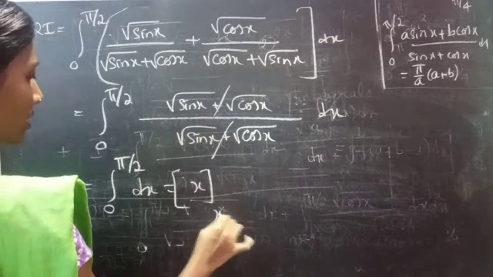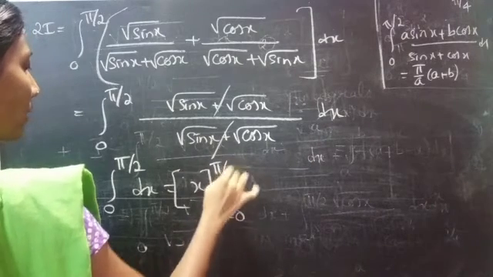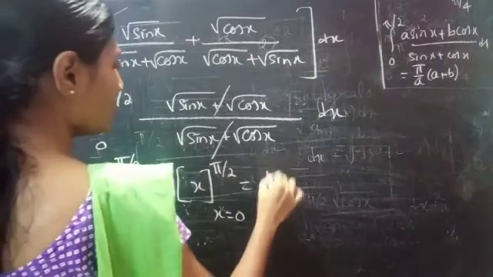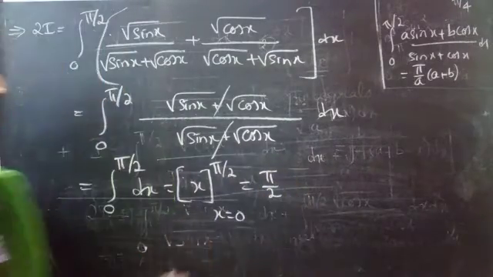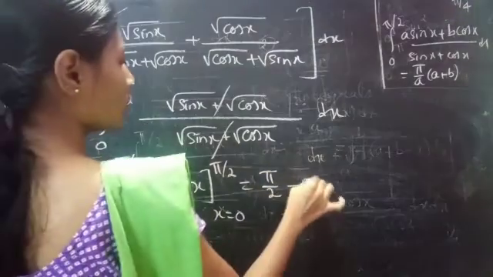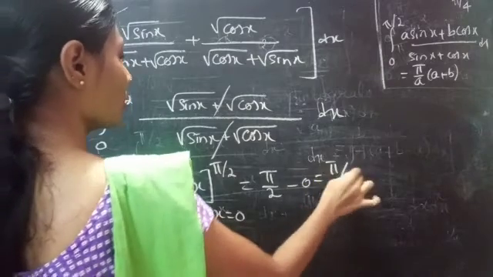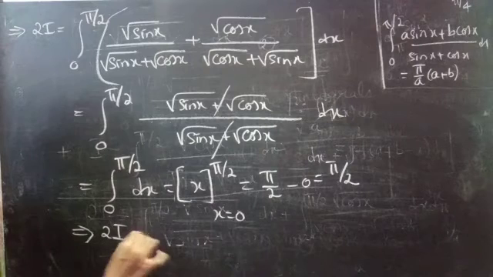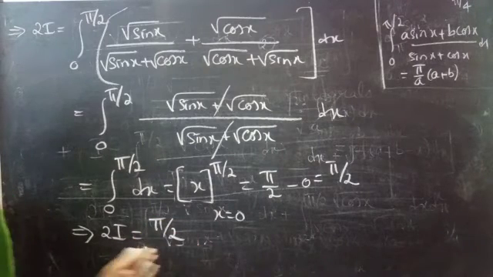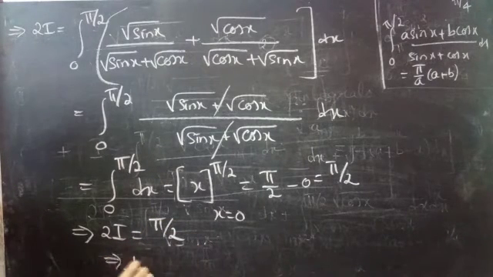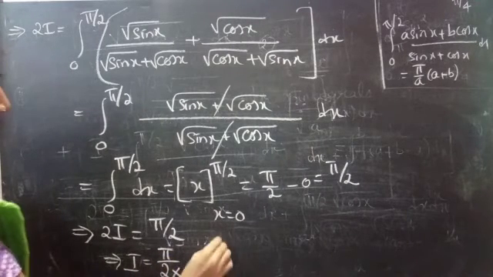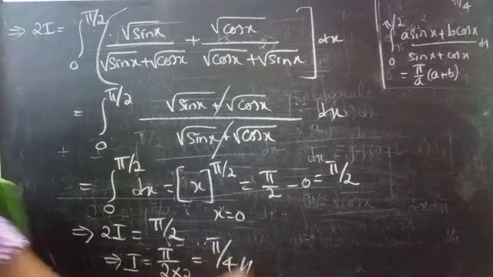Then the limits are x equals 0 to pi by 2. Now apply the limits: upper limit pi by 2 minus lower limit 0. So this equals pi by 2. So we got 2I equals pi by 2. So this implies I equals pi by 2 into 1 by 2, which equals pi by 4.